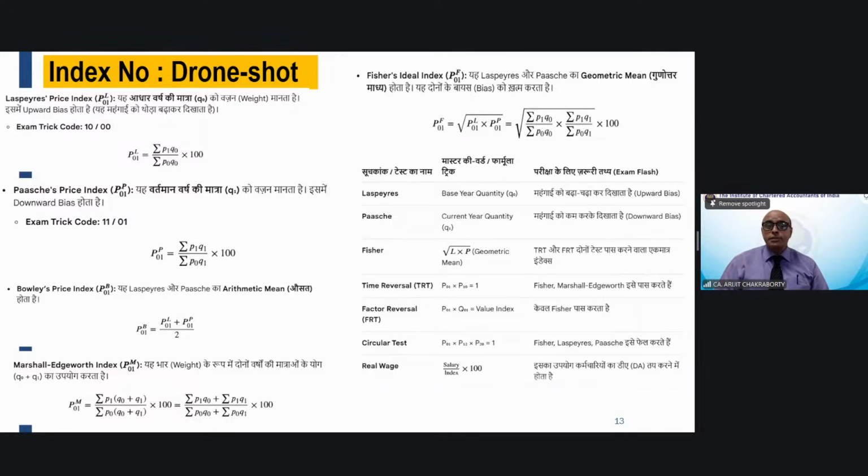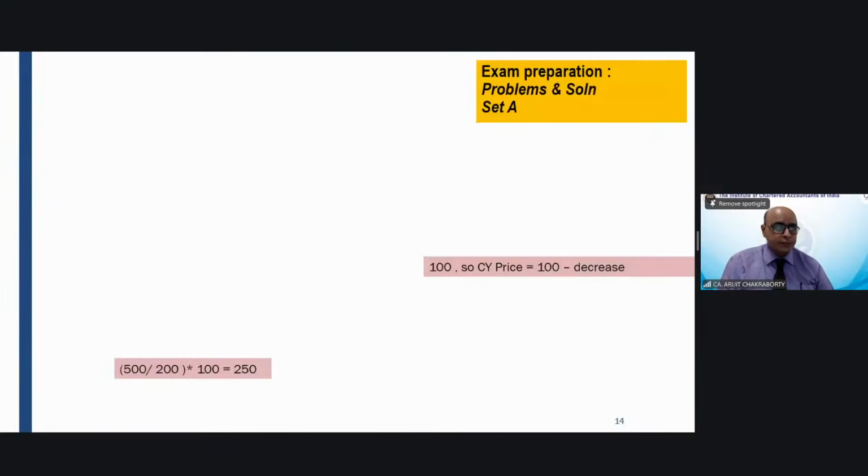Circular test, P01 into P12 into P20 should be equal to 1. Fisher, Laspeyres, Paasche इसमें fail हो जाता है. And last we see real wage, जो कि salary by index. So these are the important formula for chapter 18 which you need to remember for handling questions on index numbers.